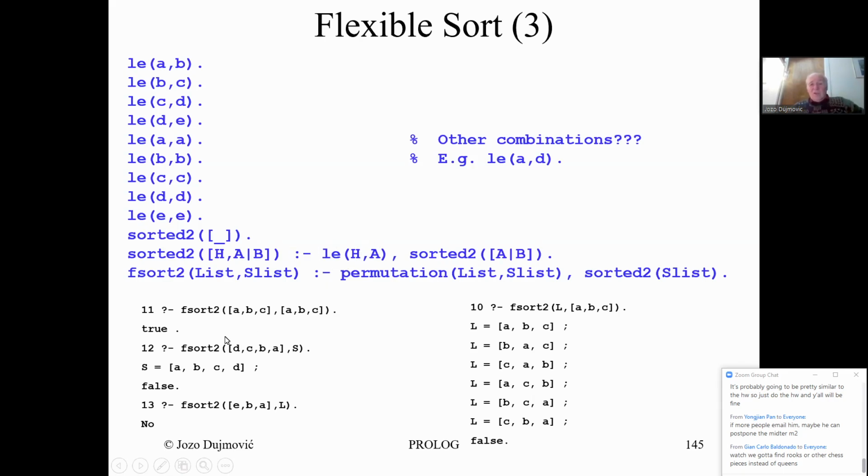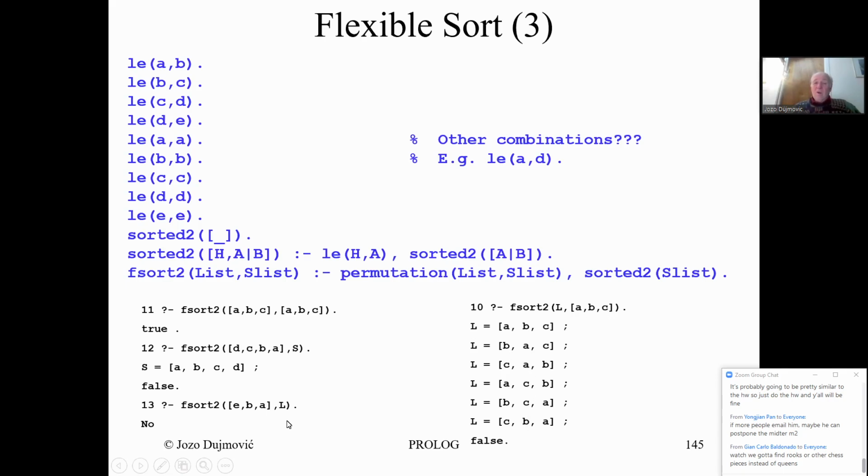And of course, if we say, can you sort this CBA to get this S, it gives me A, B, C, and that works fine. Also, you can say, I want to get the list A, B, C. What is L? If the sorted list is ABC, and you have all 6 permutations. Beautiful.